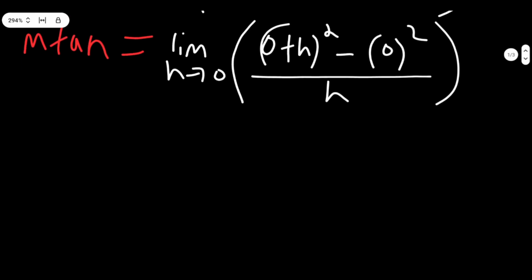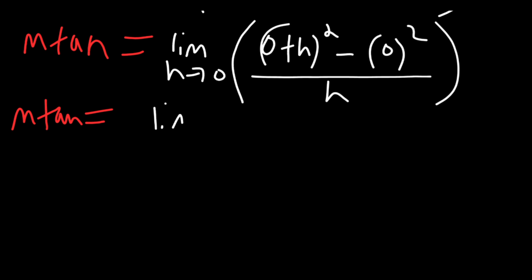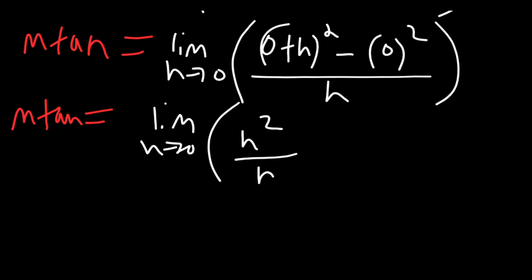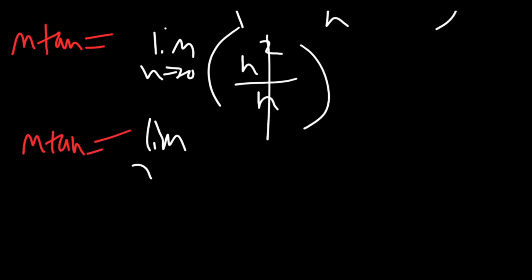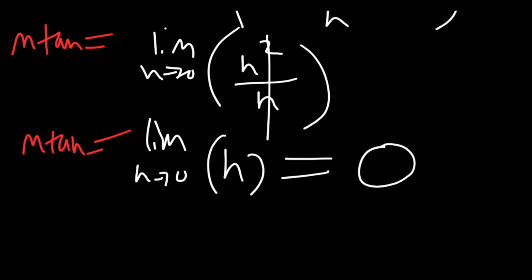This is going to be m tan equals the limit as h goes to 0 of h squared minus 0, or we can just call it 0, over h. This cancels out, and this is going to leave us with m tan equals the limit as h goes to 0 of h, which is just going to be 0.